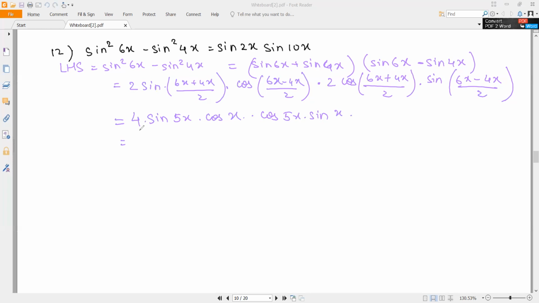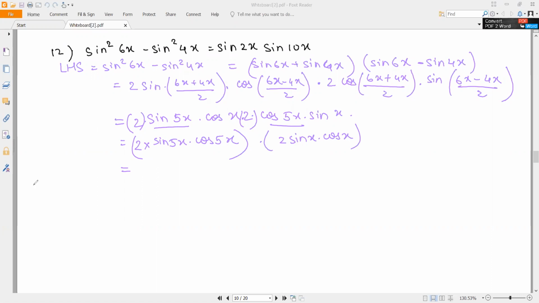Now here you have, let's not split this, like merge this 4, let this be 2 into this value. Now observe this. No, let's rearrange. This is 2 into sine 5x cos 5x, in one bracket, multiplied by 2 into sine x into cos x, the remaining values.